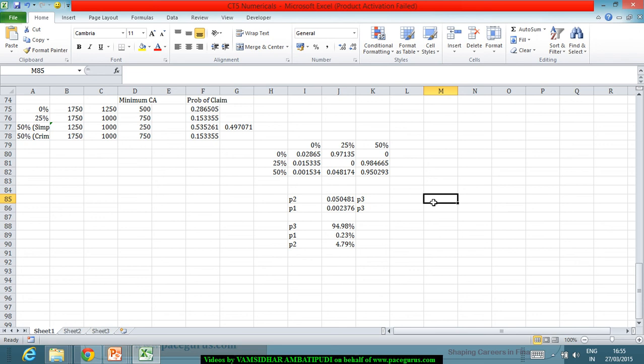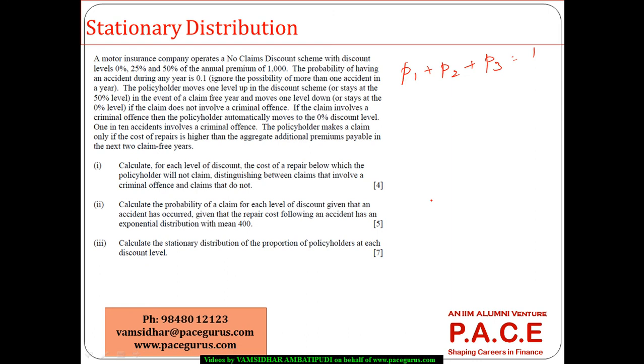So this is the way we arrive at the stationary distribution. But apart from that, the major thing that we have looked at in this numerical is the computation of the probability and the reporting part. So there is a Bayesian statistics angle that we have brought in terms of these calculations. All right.